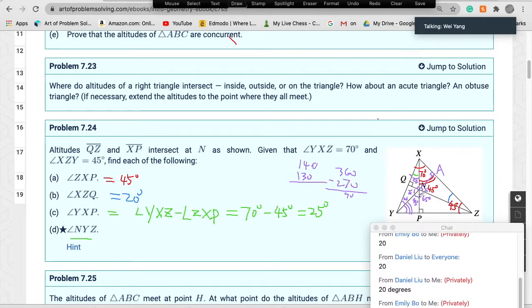We already got this one is 45, so this angle is also 45. Now let's see if you got this one right.